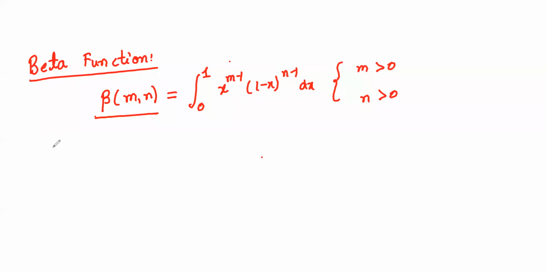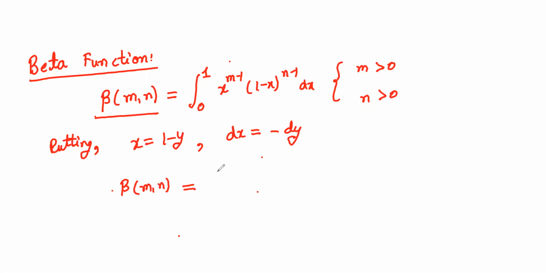Okay, if I will put x is equal to 1 minus y, what I will get? dx will be minus dy. So beta(m, n), I can write the limits: when x equal to 0, y is equal to 1, and at x equal to 1, y is equal to 0.